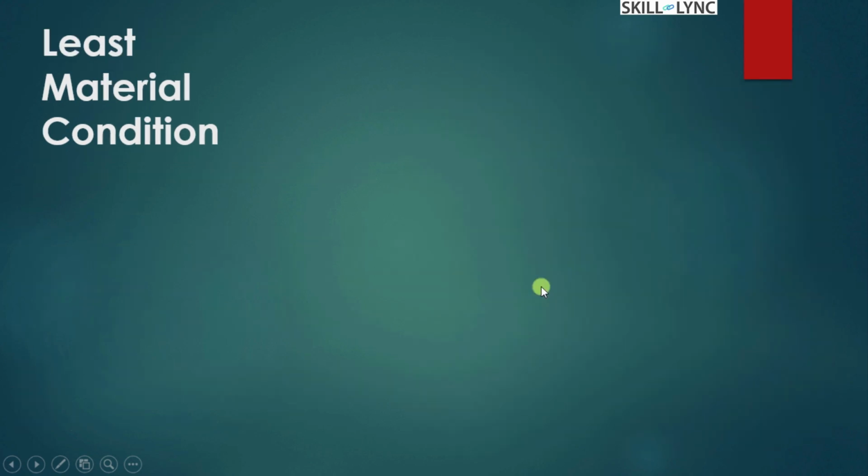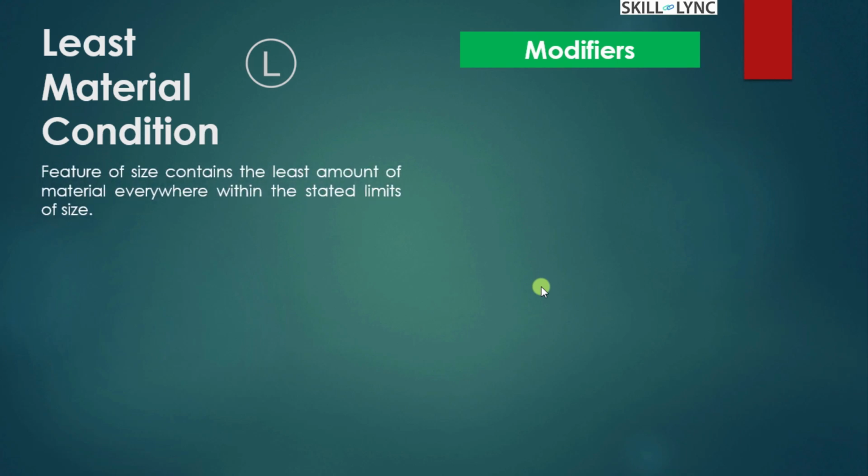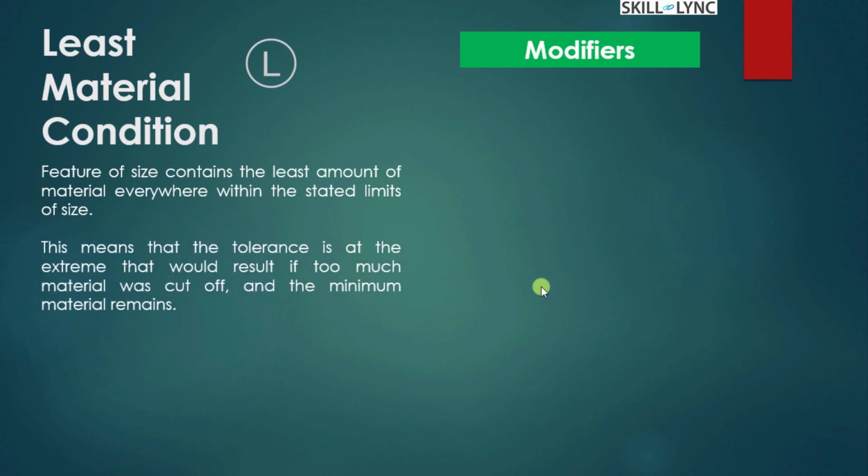So next, the opposite condition for MMC, we have the least material condition. So this is a feature of size that's going to contain the least amount of material everywhere. So it means that the tolerance will be at the minimum most extreme, that would result in a condition with a large amount of material being removed from the base feature, so that minimum material is retained. So this LMC will ensure that the components are prevented from being assembled.